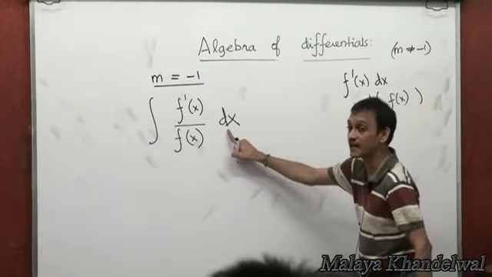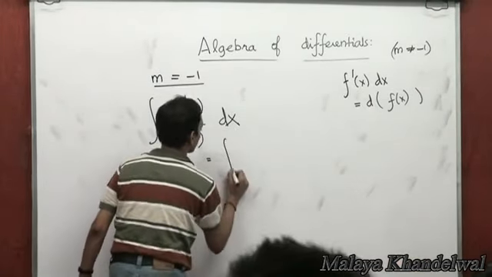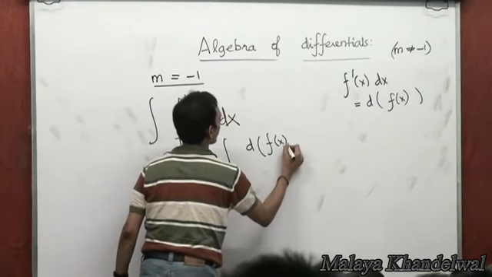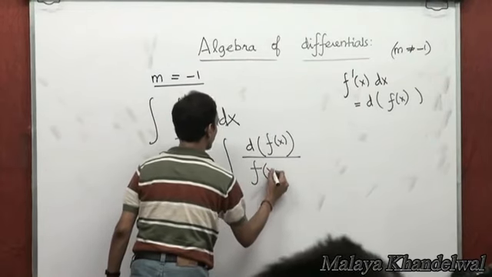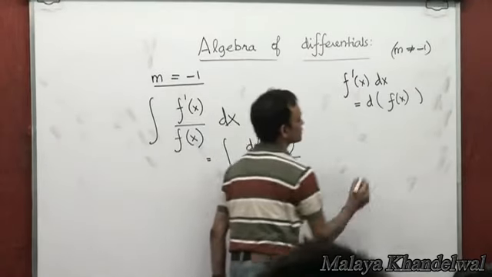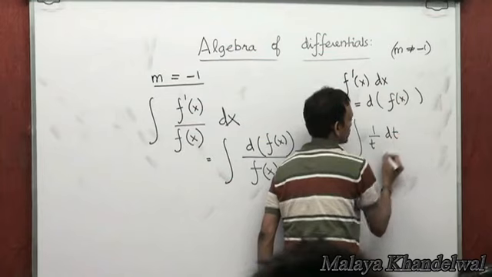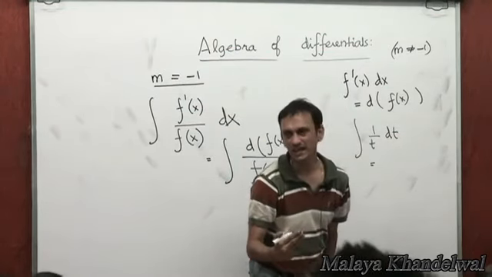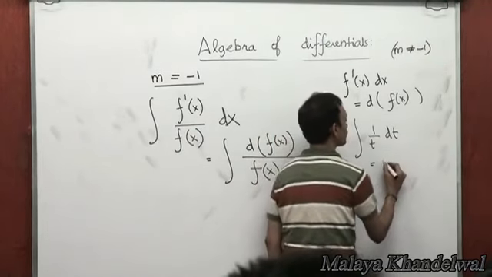So this f dash x dx I can write as d of f x, right? Now tell me, what is this supposed to be? 1 by t dt. What is this supposed to be? Log mod t plus c.